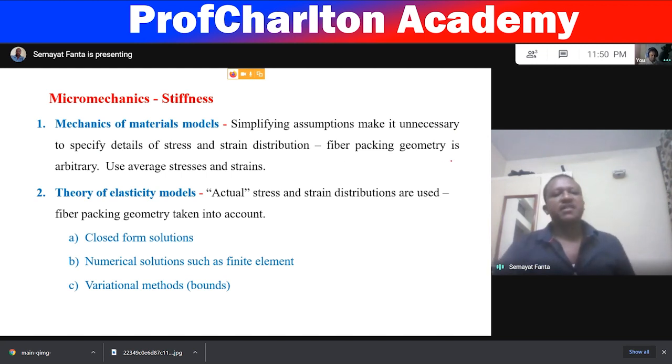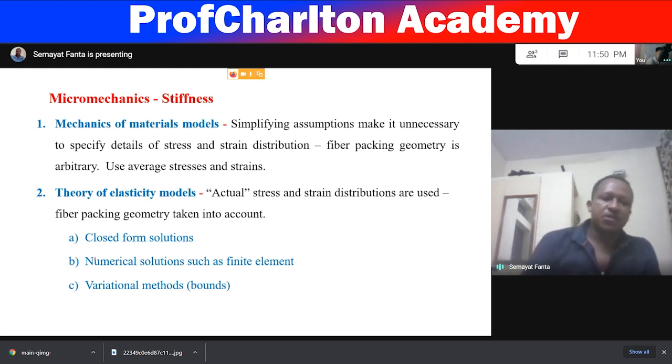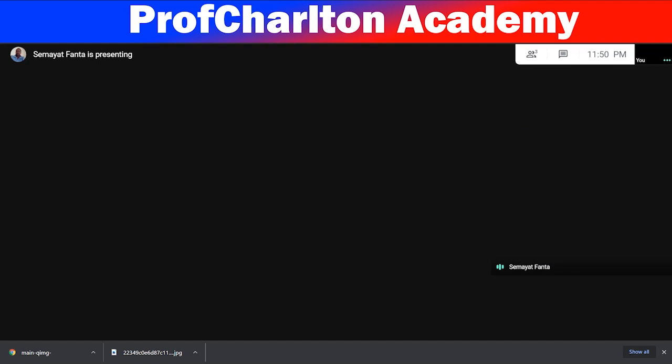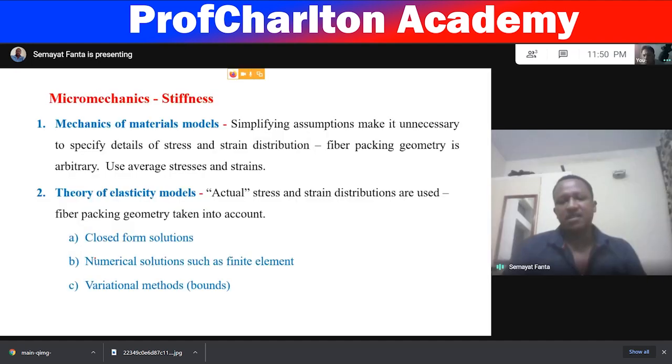Fiber packing geometry is arbitrary. In the case of the theory of elasticity model, actual stress or strain distributions are used. Fiber packing geometries are taken into account, and there are closed form solutions for this type, and numerical simulation solutions such as finite element modeling and variational methods are used.